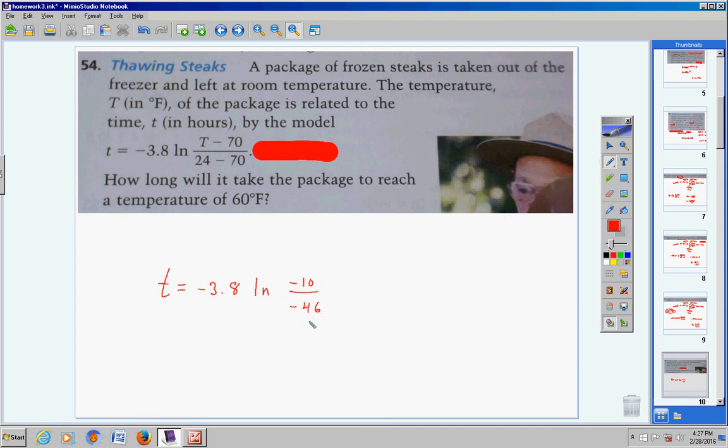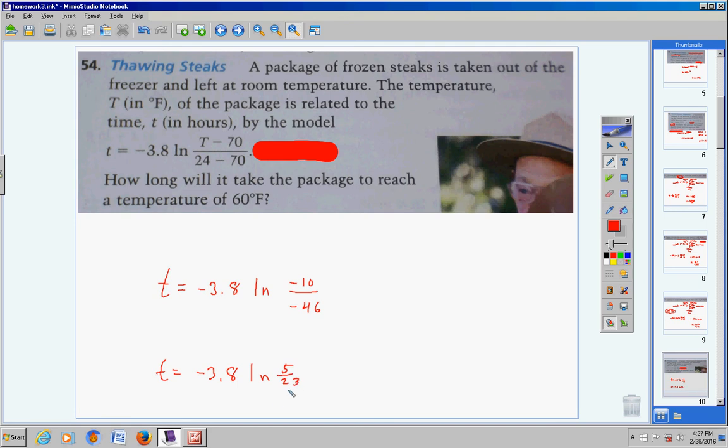Now if you reduce that, let's see if that comes out to a nice decimal. Hopefully it does. No, it does not. Okay, so we're just going to leave it a fraction, and negative over negative is positive. So we end up with T equals negative 3.8 natural logarithm of positive 5 over 23.